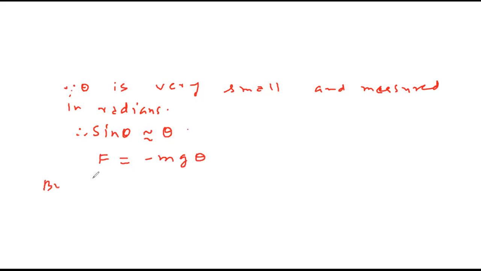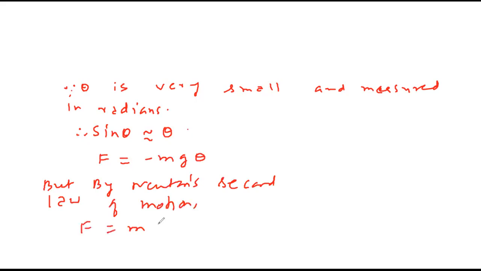But by Newton's second law of motion, F equals ma, where a is the acceleration of the bob.